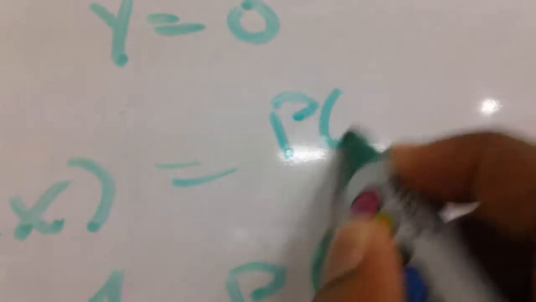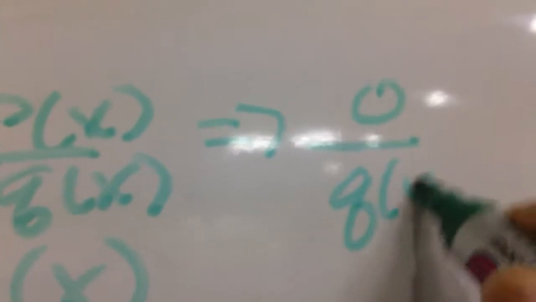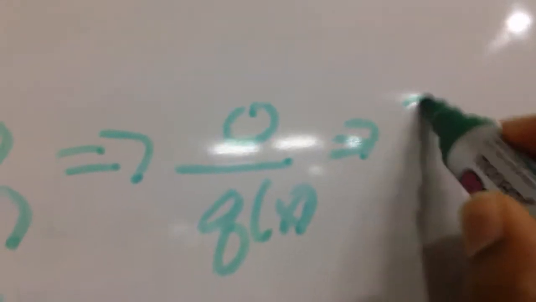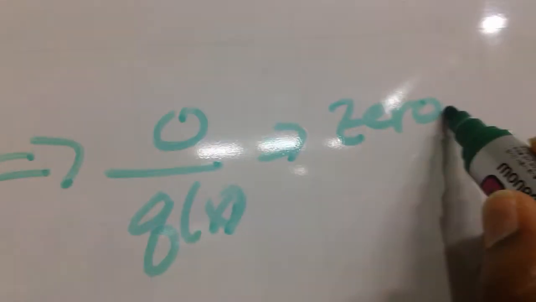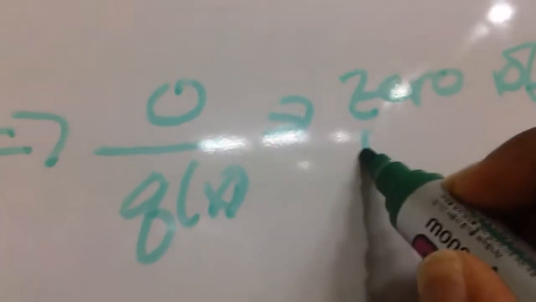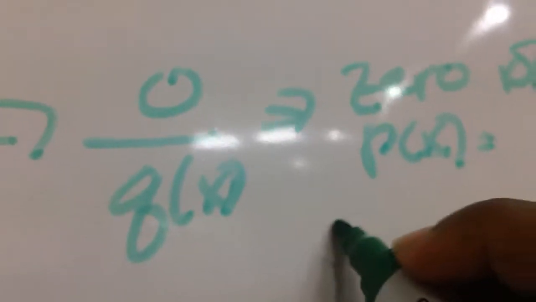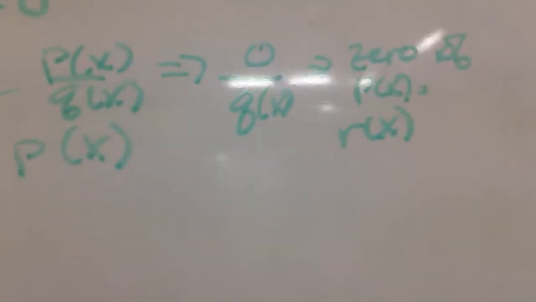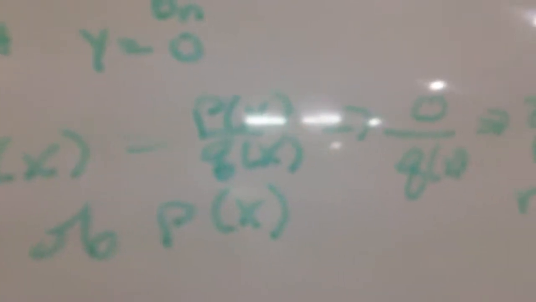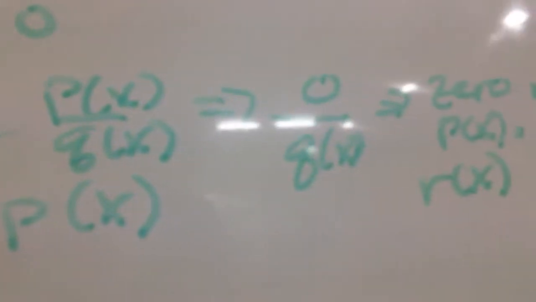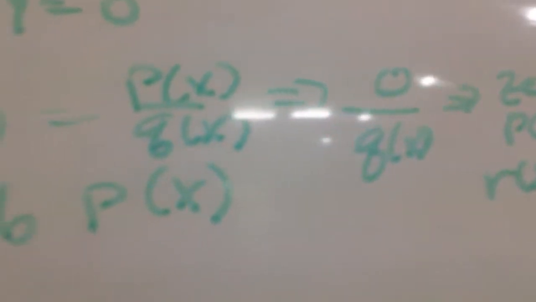And that makes sense because in the rational function, which is p of x over q of x, whatever value makes the numerator 0 would imply that that is a 0 of the rational function as well. All right. So that makes sense. So all I need to do to find the zeros of the rational function is to find the zeros of the polynomial function that's in the numerator.